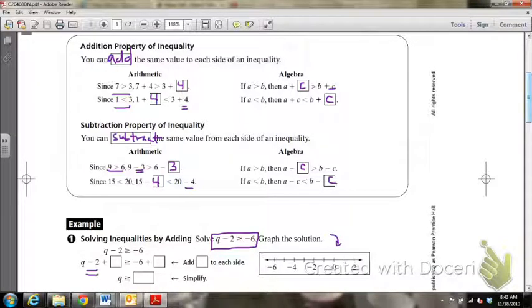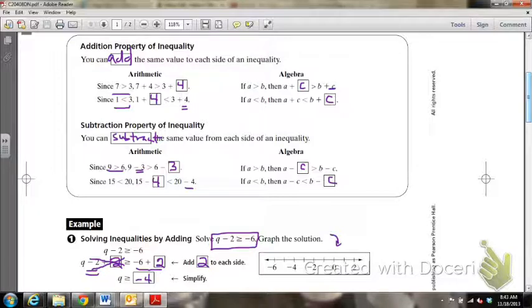So the opposite of subtracting 2 is adding 2. Whatever I do to one side, I must do to the other side. So I'm going to add 2 to each side. Minus 2 and plus 2 cross out, and I just get Q is greater than or equal to negative 6 plus 2 is negative 4.